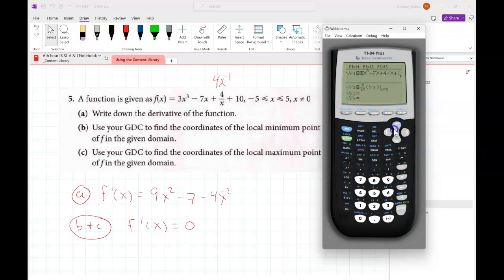X. Good. So I'm going to turn this one off because I don't really care about the graph of that. I'm going to set my x min and x max to -5 to 5 because I don't care about x's other than that. And I don't know what's going on with the y's, but I'm just going to go -10 to 10 or something.